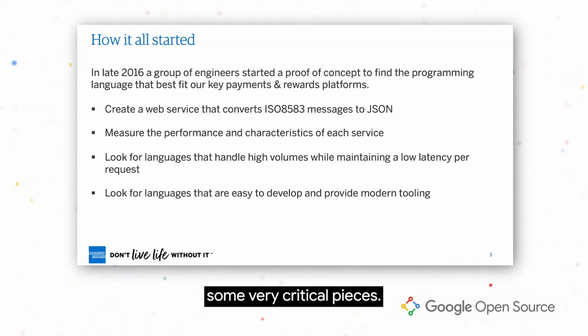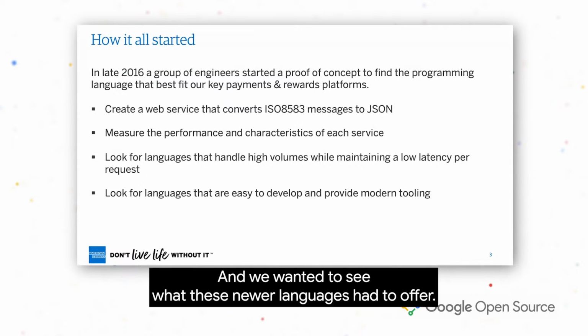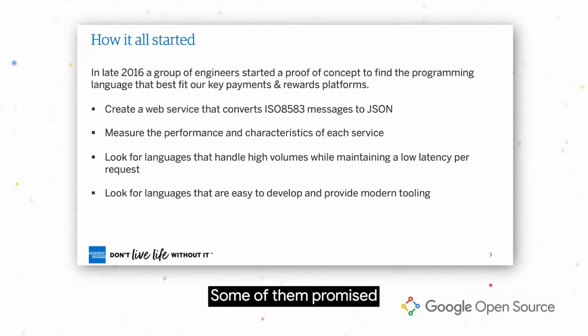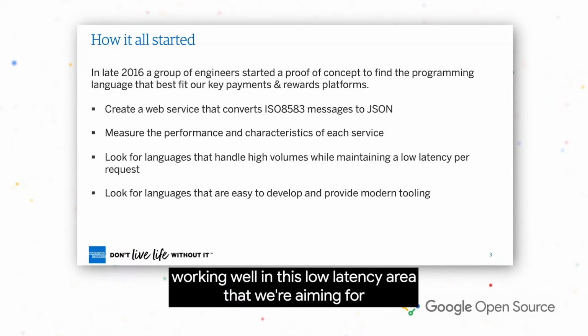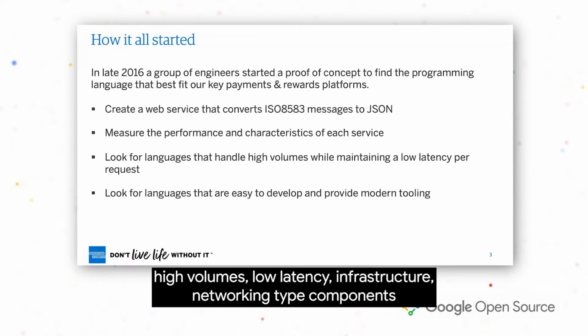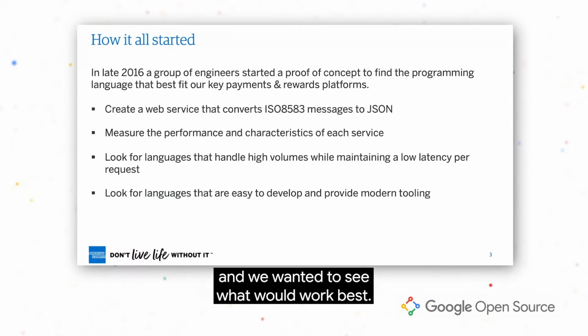We wanted to see what these newer languages had to offer. Some of them promised to work well in the low latency area that we're really aiming for: high volumes, low latency, infrastructure, networking type components. And we wanted to see what would work best.